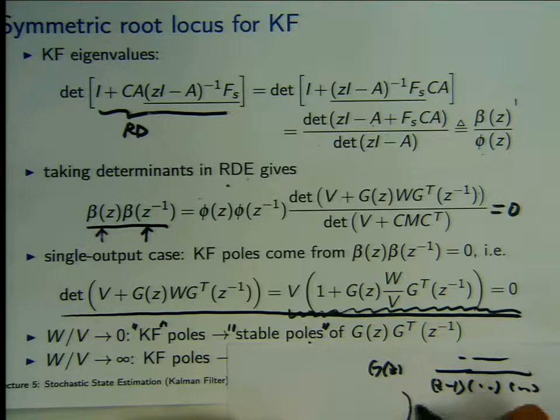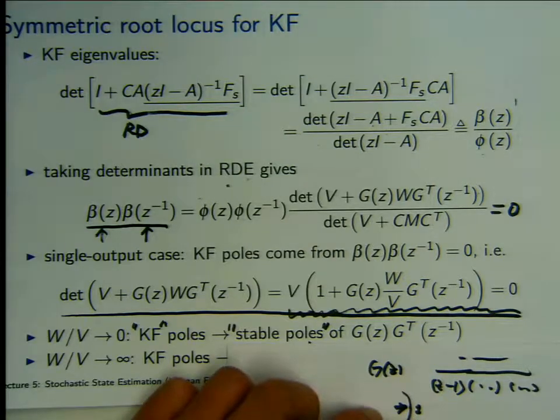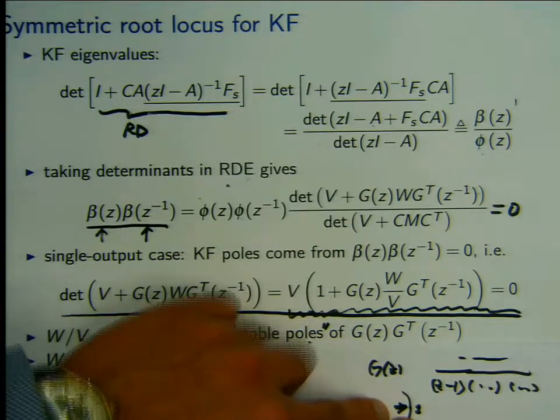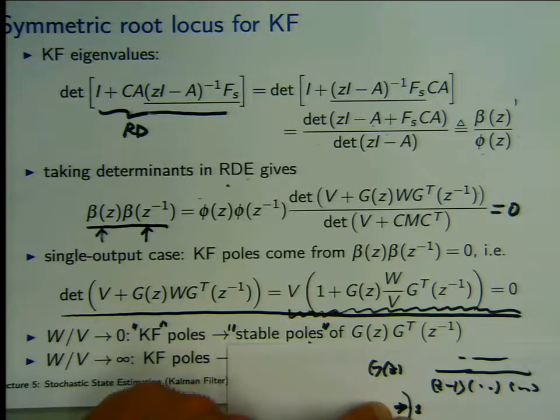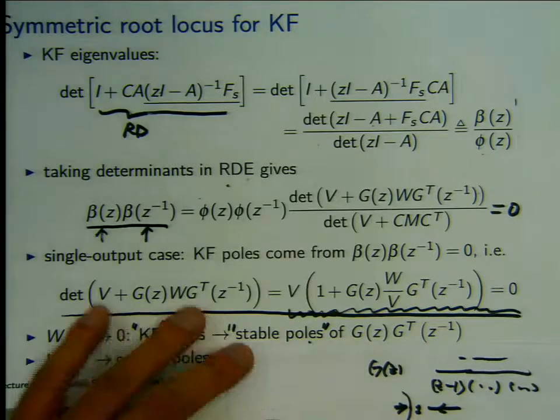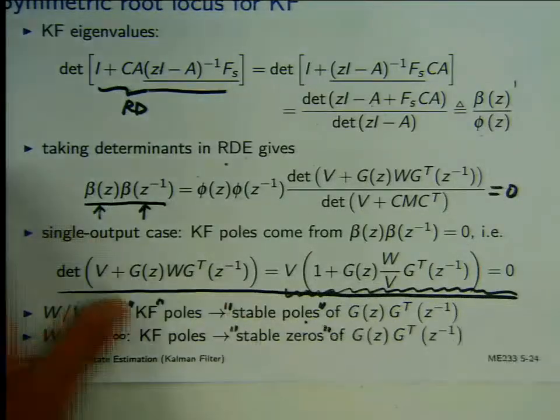Let's say if this is 1, the Kalman filter pole is going to approach this, but it's still inside the unit circle. Yeah, in that sense, in the limiting sense. And there will be some pole that's going from this side.